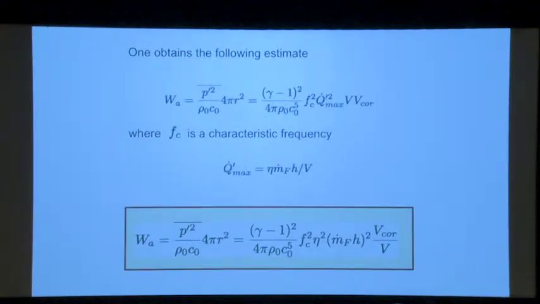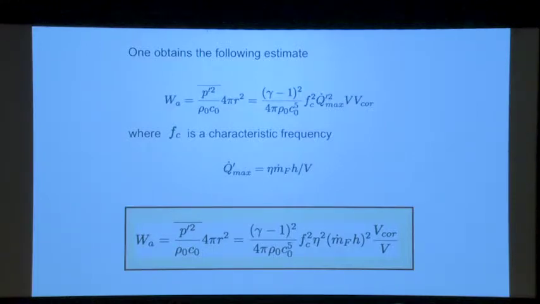What you really want to do is to get some scaling. For example, how does that scale with the mass flow rate of fuel? How does it scale with the heat released per unit mass of fuel? What about the volume, the correlation volume? And you find something like that.